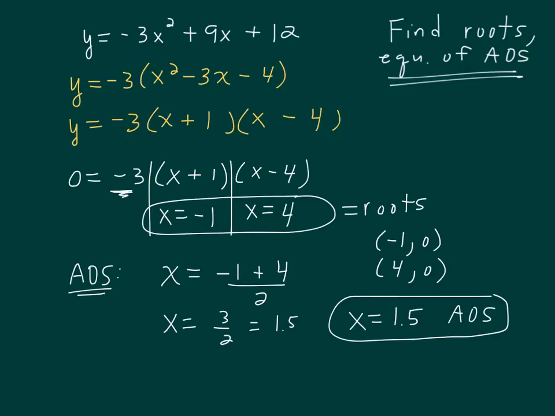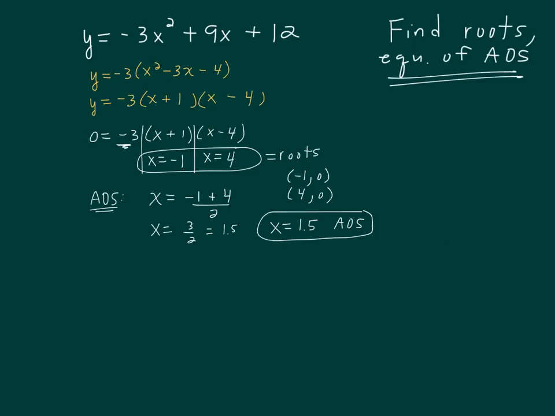Now, if you want to compare it to the x equals negative b over 2a, let's do that just to confirm we get the same thing. So using x equals negative b over 2a, we would have to go back up here and pick out our a and our b value. So negative b would become negative 9 all over 2 times our a.